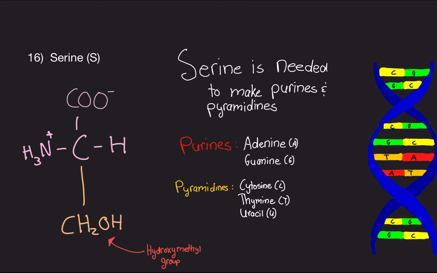How do we actually make these? You never really get taught that. If you took organic chemistry, you may know. But where does it actually come from? Serine is what is actually needed to make this. If you don't have serine, you can't make this. So that is why it's really essential to have serine in your body.